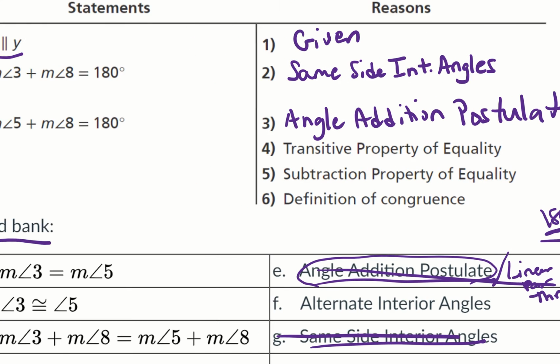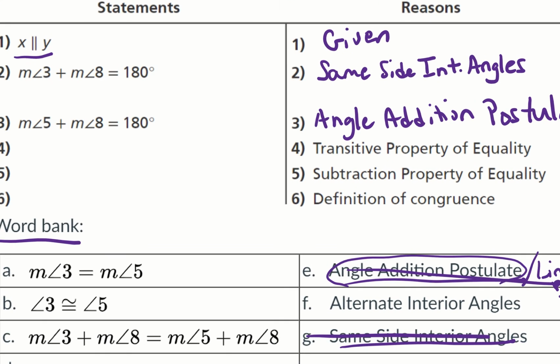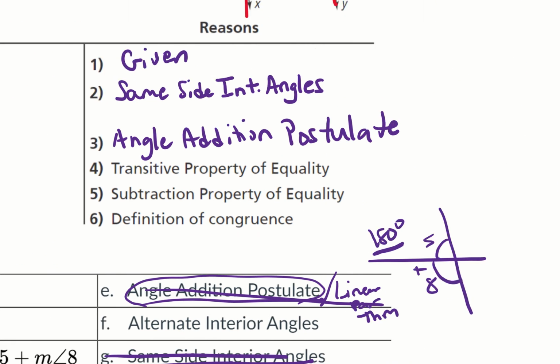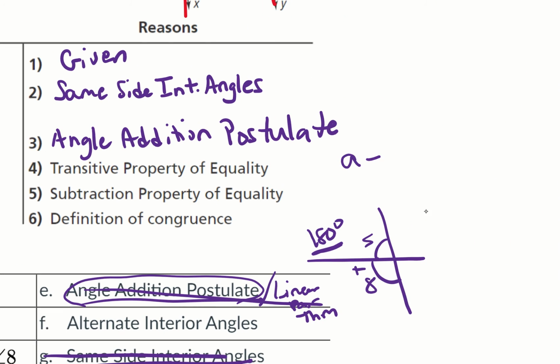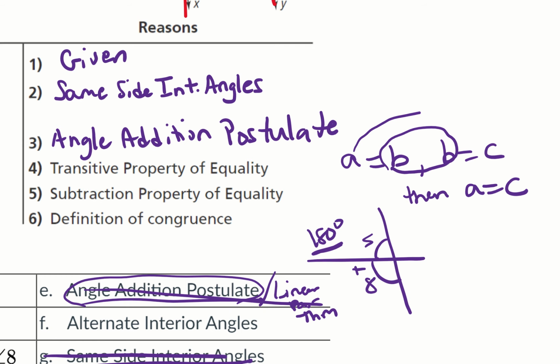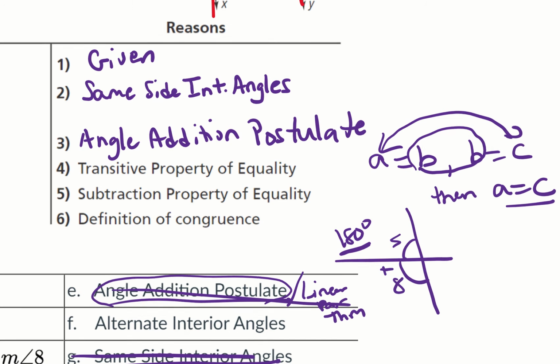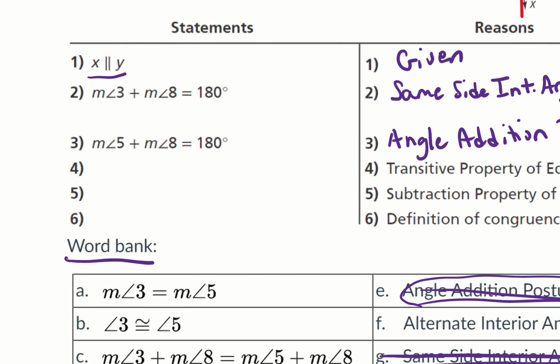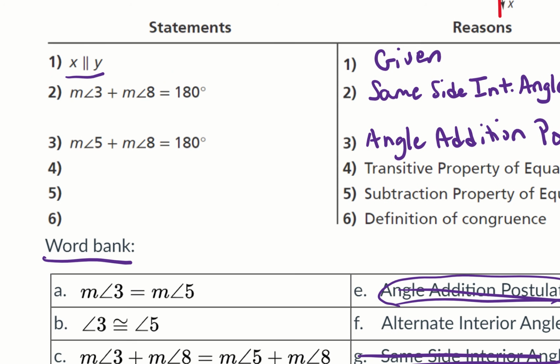Now if you look at the fourth reason, it says the transitive property of equality. The transitive property of equality, if you recall, is if A equals B and B equals C, then that means that A equals C. So that's the transitive property in a nutshell. If we were to use that transitive property for step 4, that would look like this.